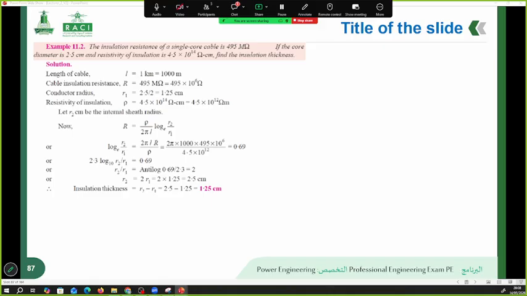This is another example demonstrating how to determine the insulation thickness of a single core cable when the insulation resistance, conductor size, and material resistivity are known.